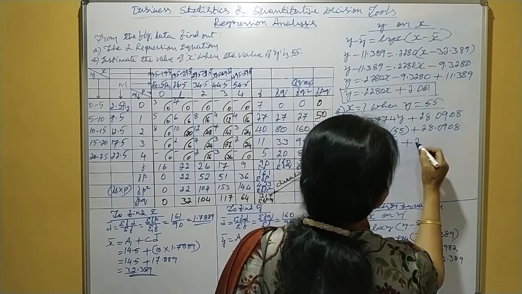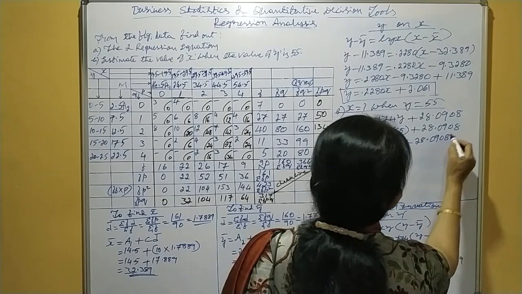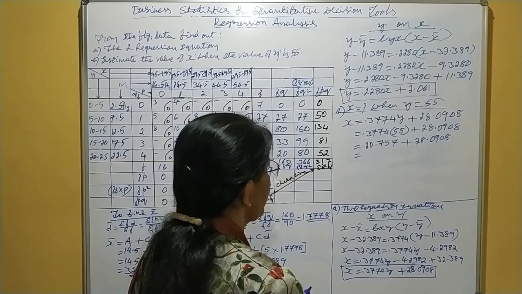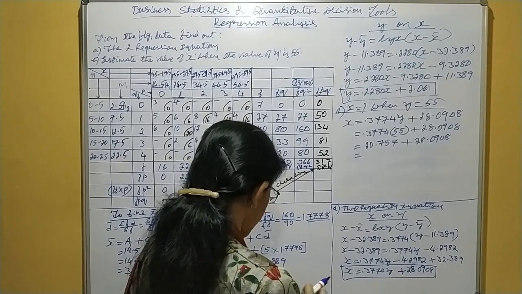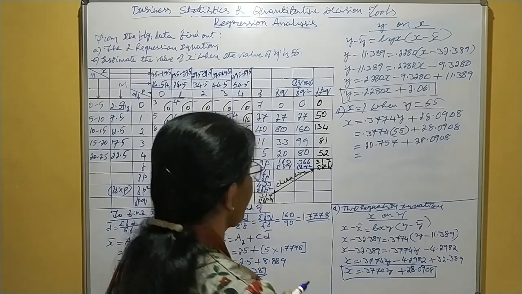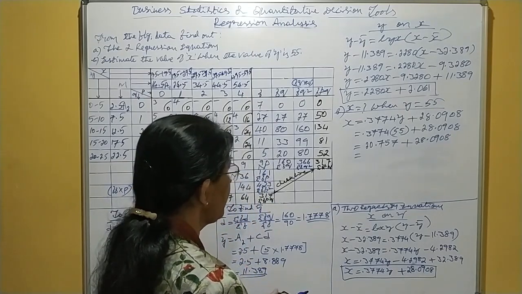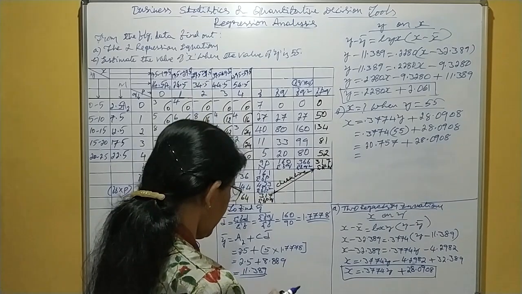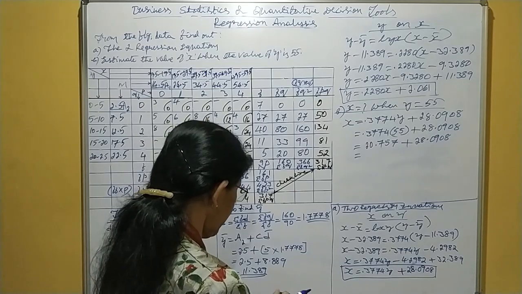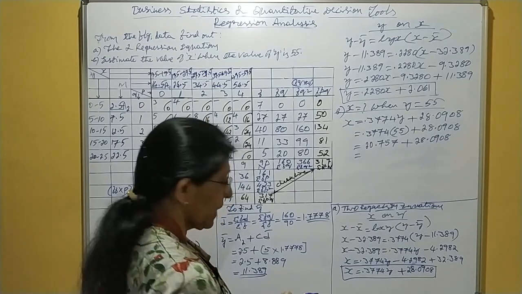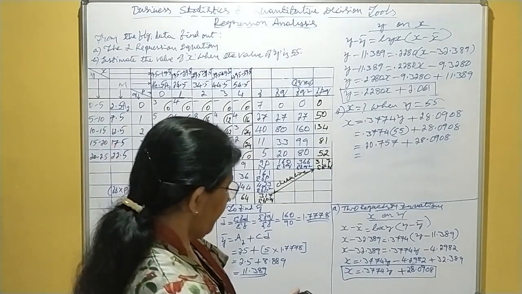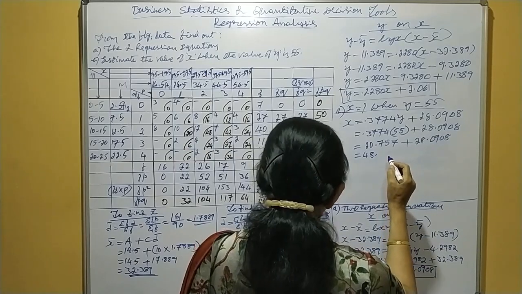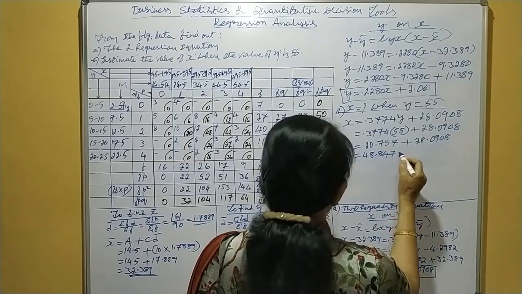20.757 plus 28.0908. It comes to 48.8478.